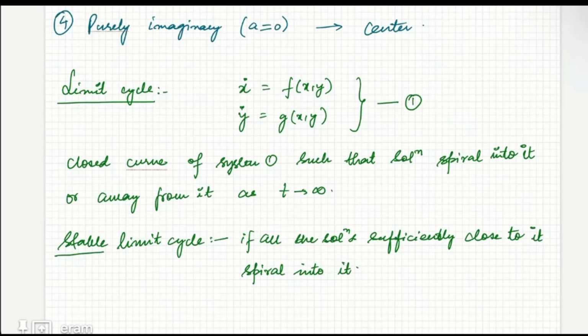Otherwise, if it goes away from it, then it is an unstable limit cycle, or let's say the solution spirals away from it.